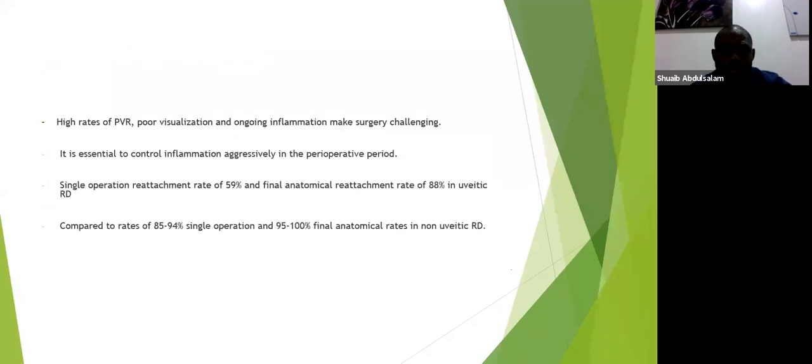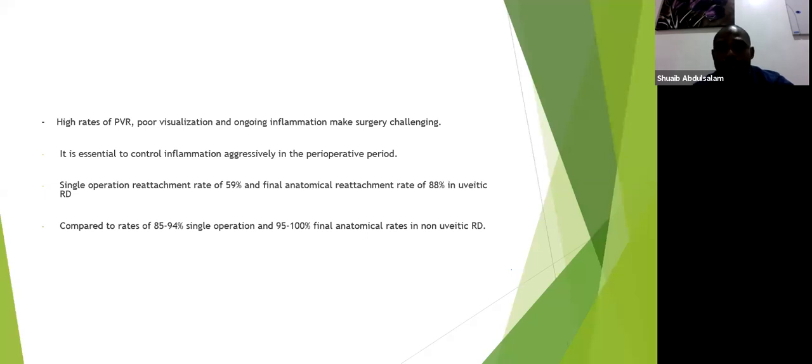So usually in retinal detachment in patients with uveitis, you have high rates of PVR, and because of the inflammatory process, there's poor visualization and ongoing inflammation. So this makes surgery in such patients very challenging. So it's essential to control the inflammation aggressively in the perioperative period.